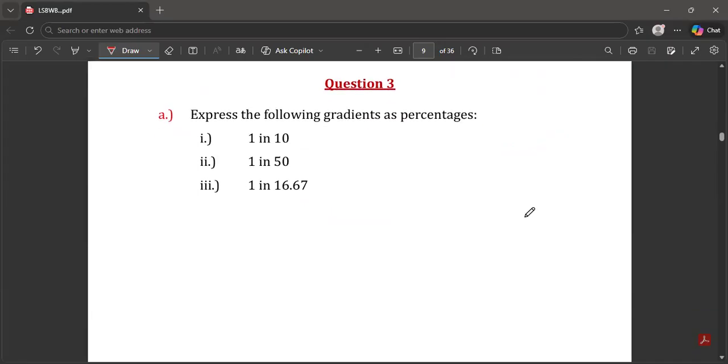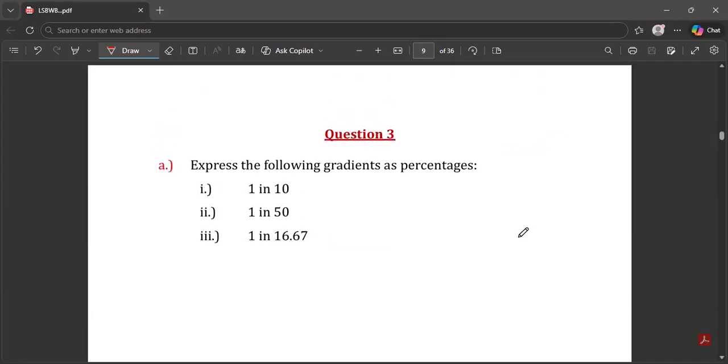So let's quickly see how we can go about question 3. Just like the previous ones we solved, it's very, very similar. The question says: express the following gradients as percentages.